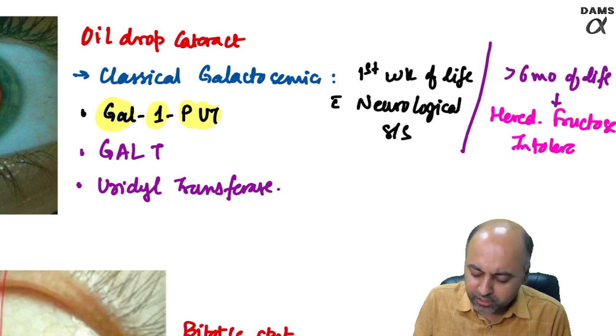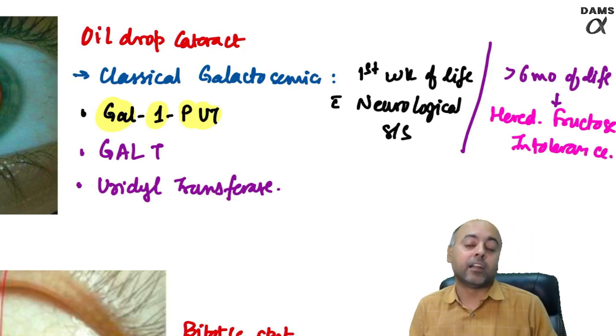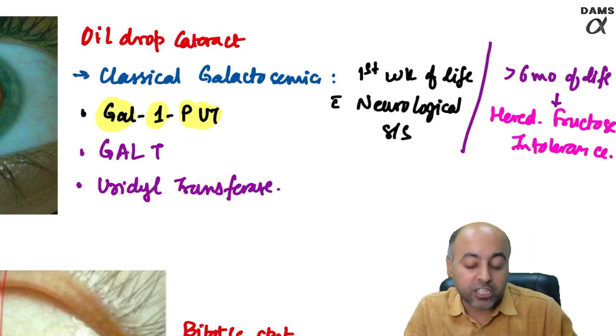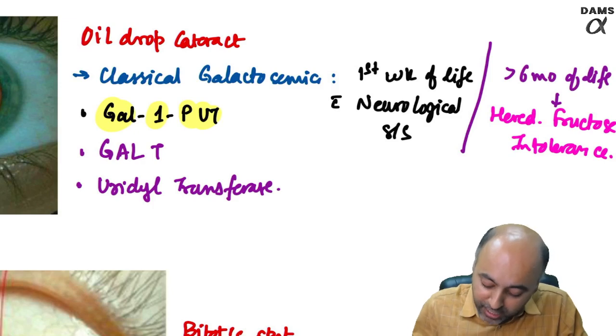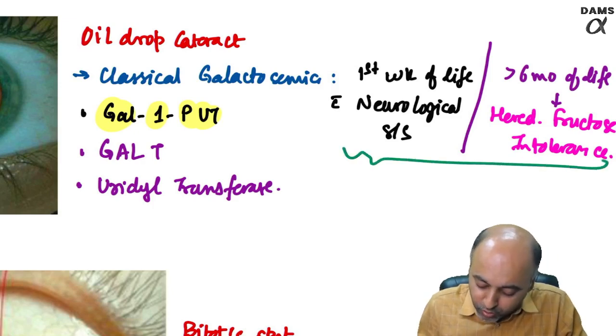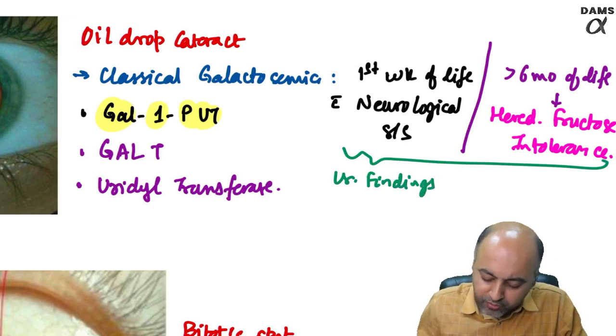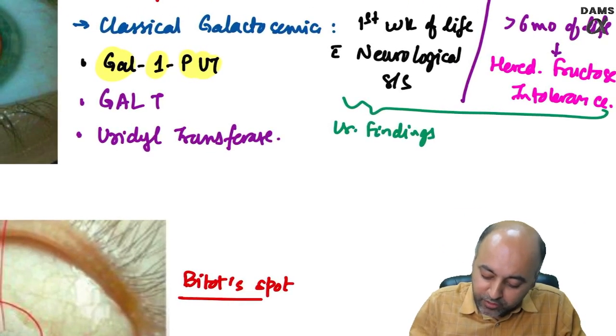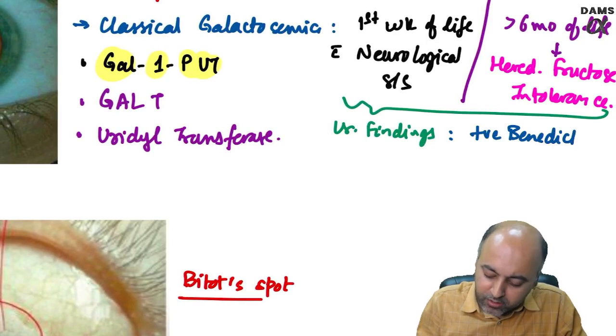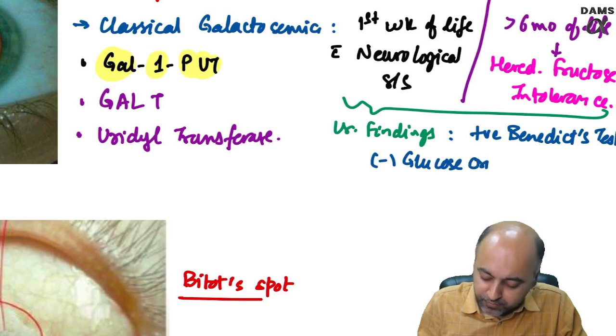Similar clinical presentation, and only the age of presentation will be different. In fact, they even have similar urinary findings. What is the similarity in urinary findings? You will find that they have a positive Benedict's test and a negative glucose oxidase test.